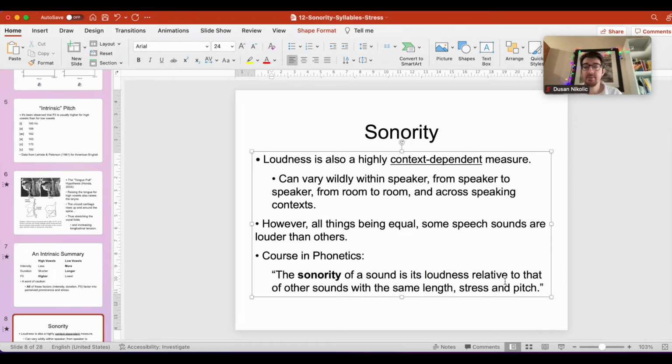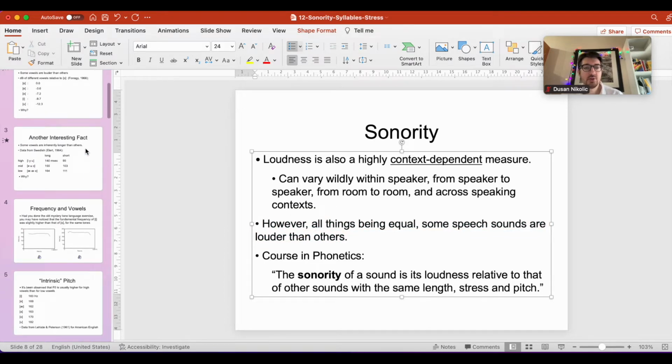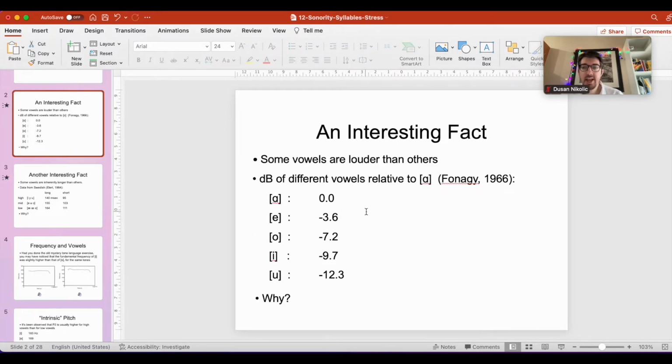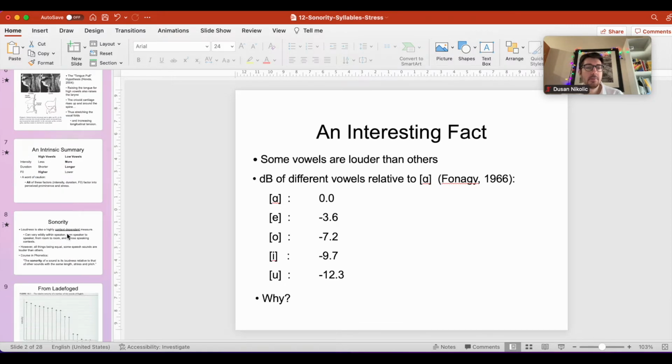So all other things being equal, the sonority of a sound is loudness relative to other sounds. And we know that some speech sounds are louder than others, right? We've seen the intrinsic loudness scale here.